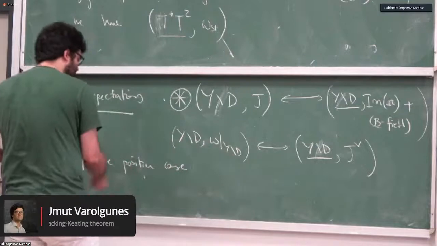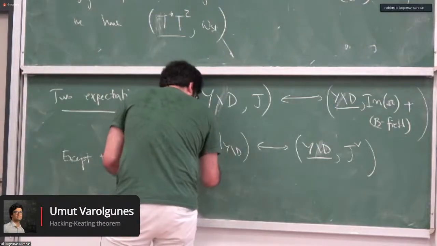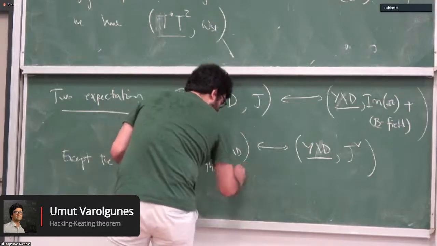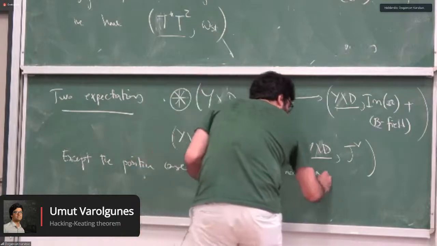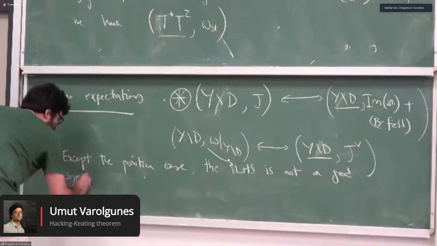Except for the positive case, where this is affine, the left-hand side, this here, is not a good symplectic manifold to even work with.